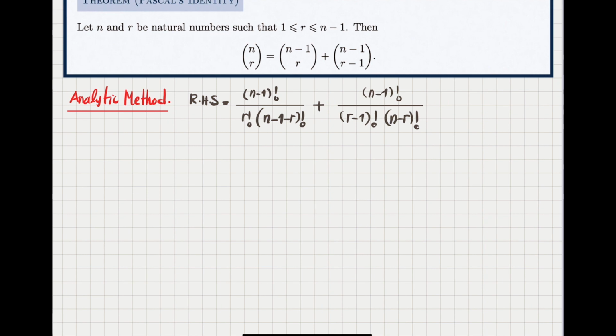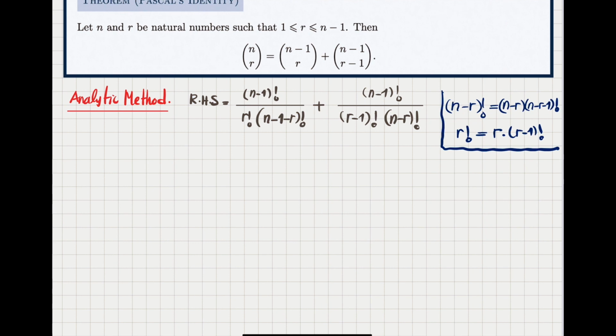It's better to write it down. So n minus r factorial is equal to n minus r times the previous number factorial. That is my intention. And let me also write r factorial to be r times r minus 1 factorial. So these are the things that you need to have in mind.